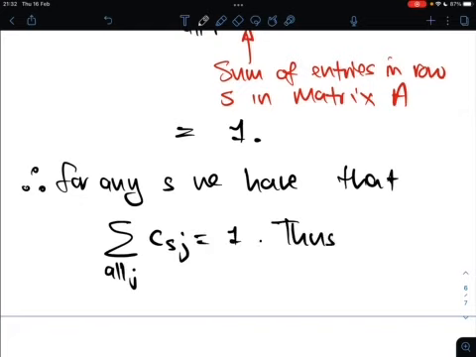Thus, C equals AB is also a Markov matrix.